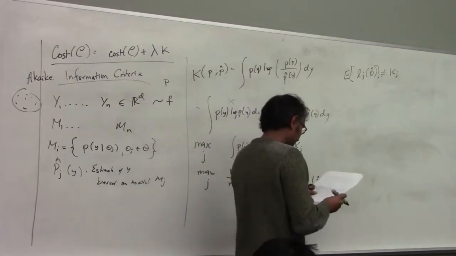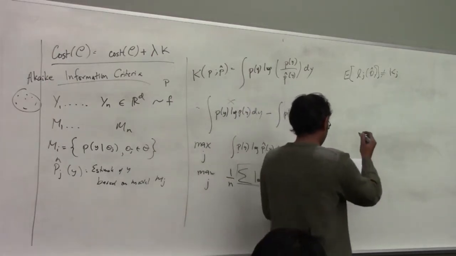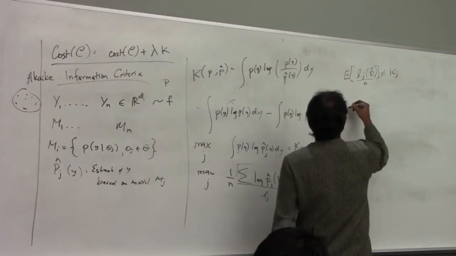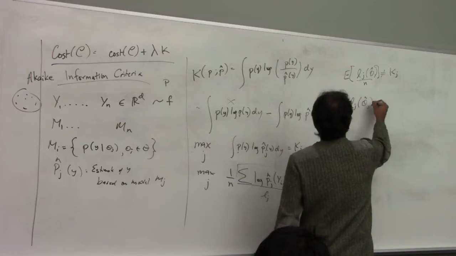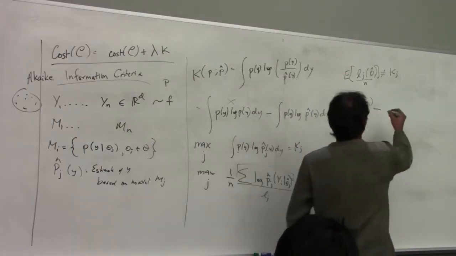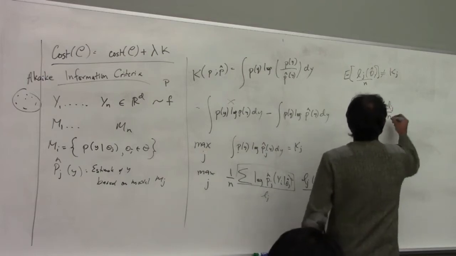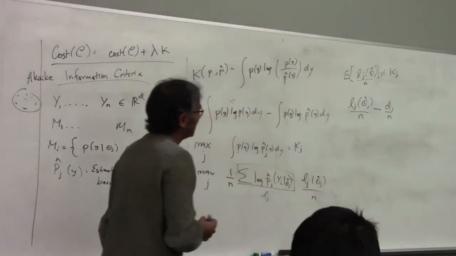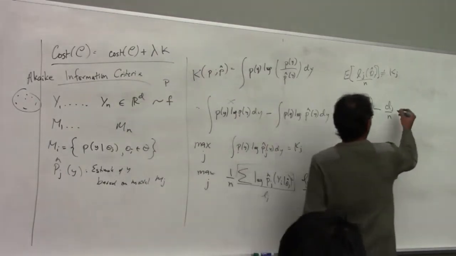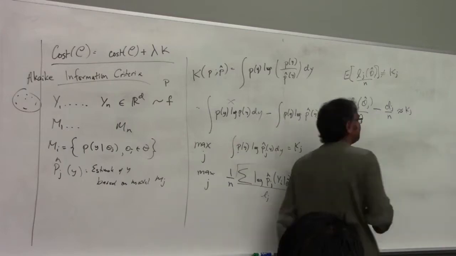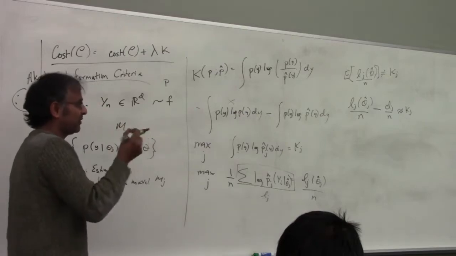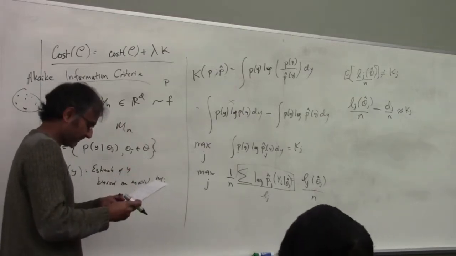But if you do a rough approximation, you instead look at the estimator L_j(theta_j hat) divided by n minus a parameter relating to the dimension of the model, the number of parameters in the model. If you include this correction term, then this closely approximates the true value. So you have to find this bias-corrected shift to get this to work. And it kind of works.